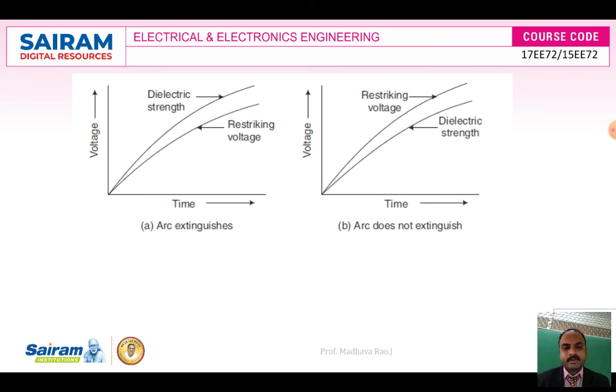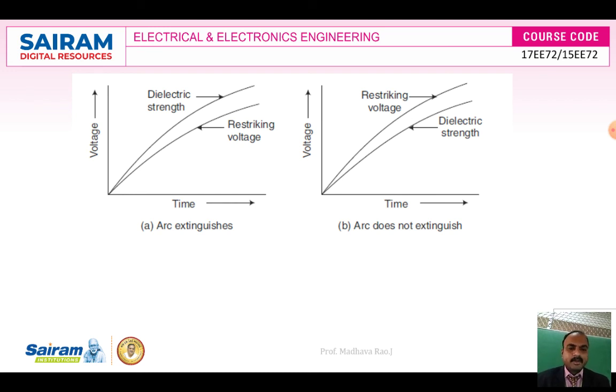So we can see the difference. When the arc is extinguished after a fault occurs, we need to increase the strength of the medium, so the dielectric strength of the medium is more.